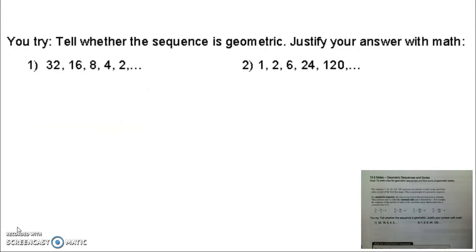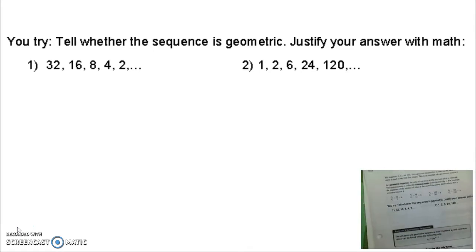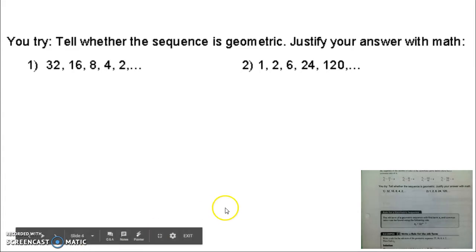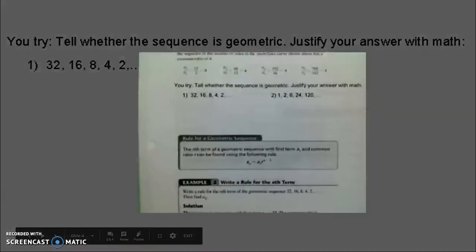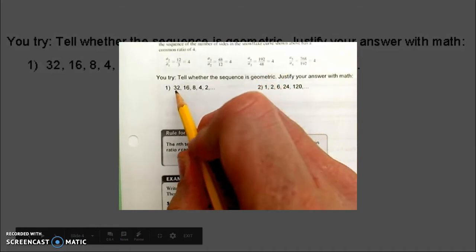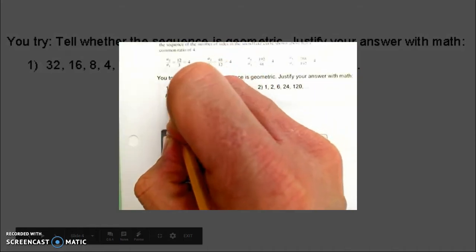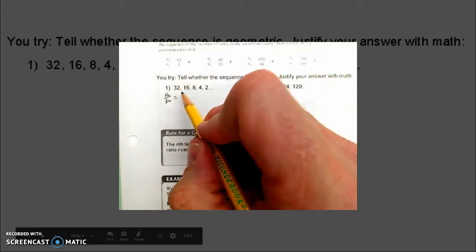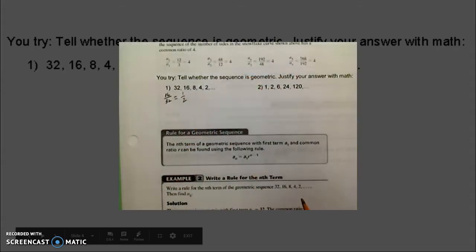So you can sample a couple. Go ahead and we'll work through the first one together, and then you can try the second and check your work. So I'm going to look at the second term divided by the first one, 16 divided by 32, and when I simplify that ratio, I get 1/2.